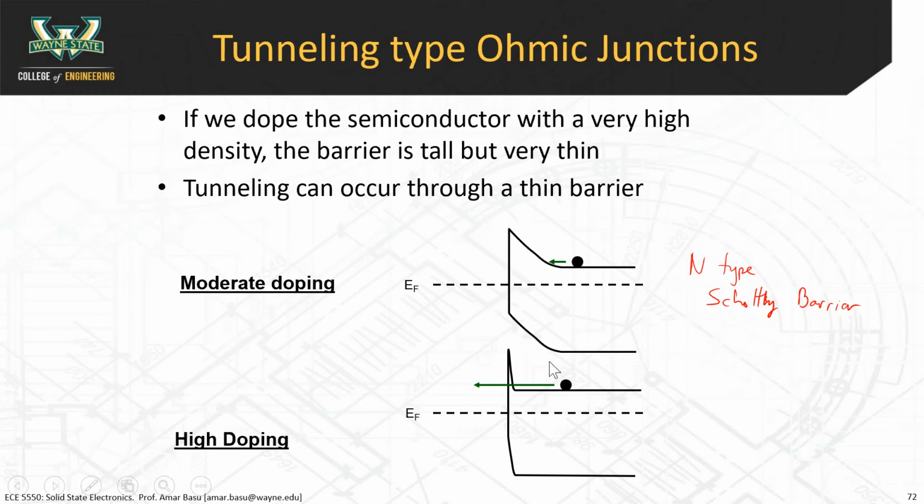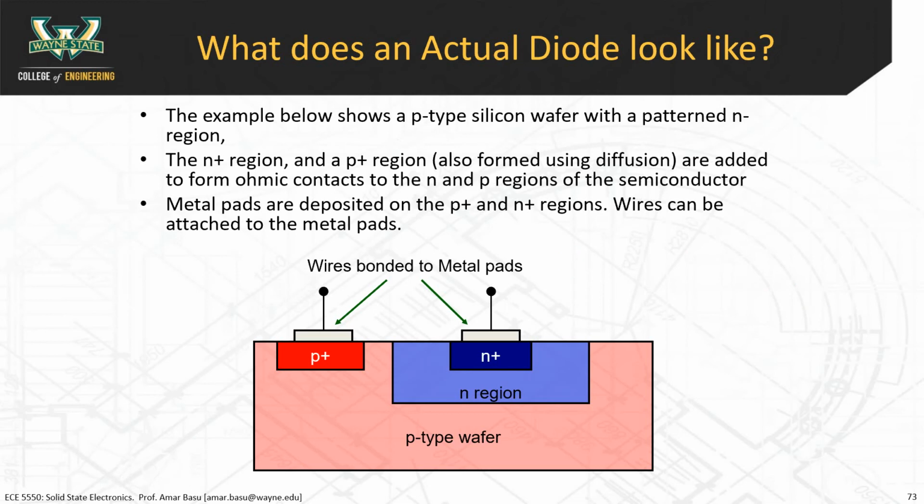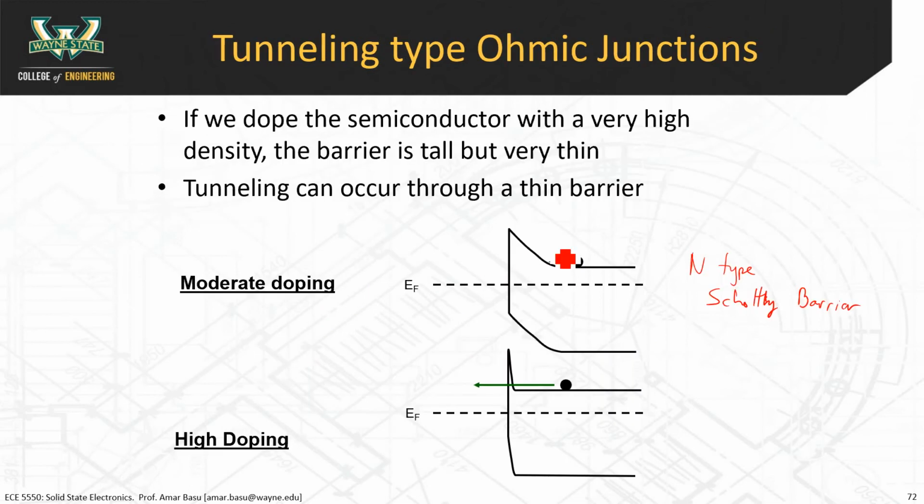However, there's an effect called tunneling that happens if the band diagram looks like this, meaning there's a slope there, but the width of that barrier is very, very thin. The only way an electron could make it over to this side is to go above the barrier, and it's not likely to do that. There's a very low probability of that happening. But when the barrier becomes very thin, the electron can go right through the barrier.